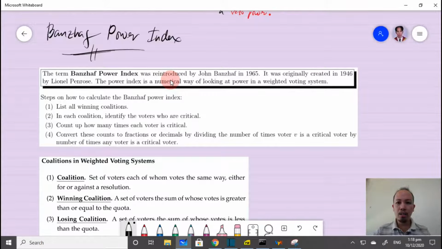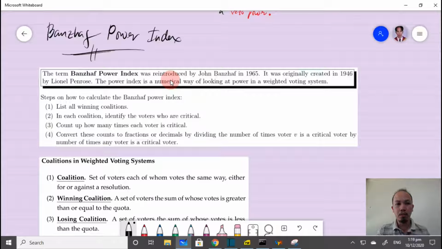Please take note that the value of the Banzhaf power index is between 0 and 1. So it cannot be greater than 1, or a negative number. This is just like a probability. If it is closer to 1, then that voter is more powerful than the other voters.